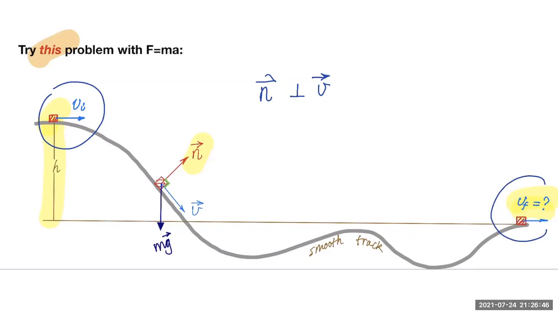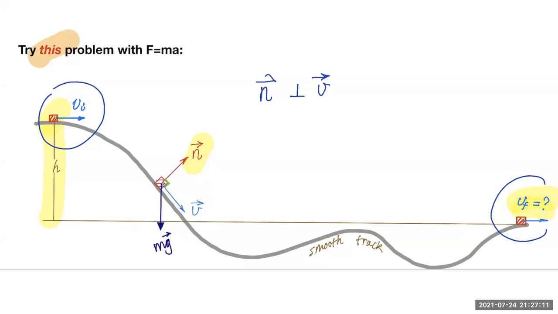We're not asked about the actual variation of the normal force. That doesn't matter. We don't care about the normal force at all. We care about the final speed. Is there a way to take us from the initial position where the speed is v initial to the final position where the speed is v final?